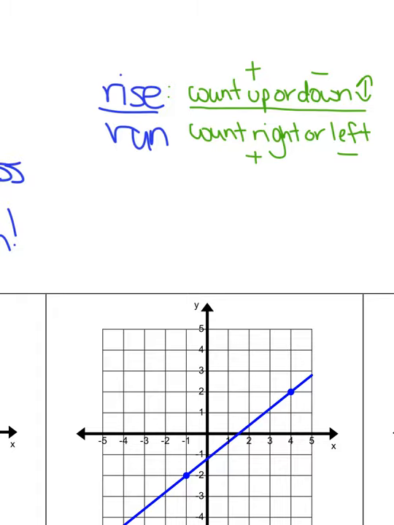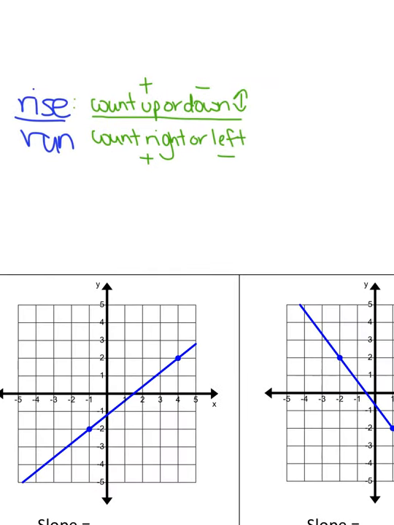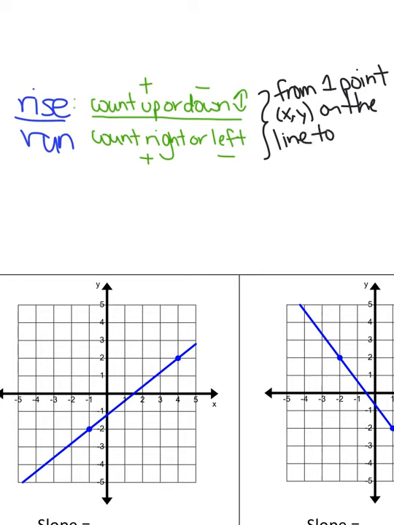And when we talk about this rise over run, we are talking about it in terms of going from one point to another. So we're going from one point, which is x comma y, an ordered pair, on the line to a second point, a different point on the line.